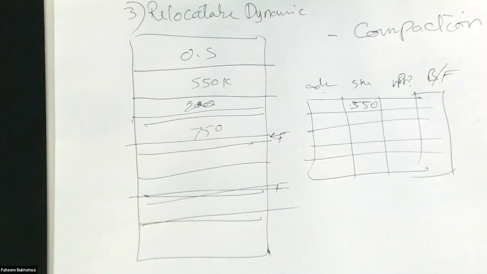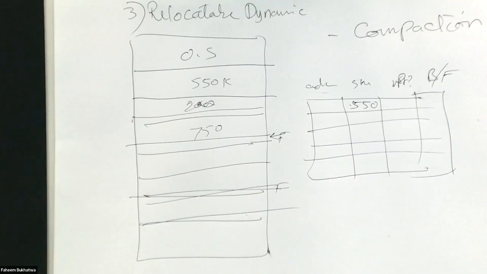So what compaction does, it moves all the busy blocks to one end of memory and all the free blocks to the other end of memory. And when it has the free blocks, it joins them together into one big block. So all these little free fragments, you put them all at the bottom of memory, and they're all free, it joins them all into one big block.